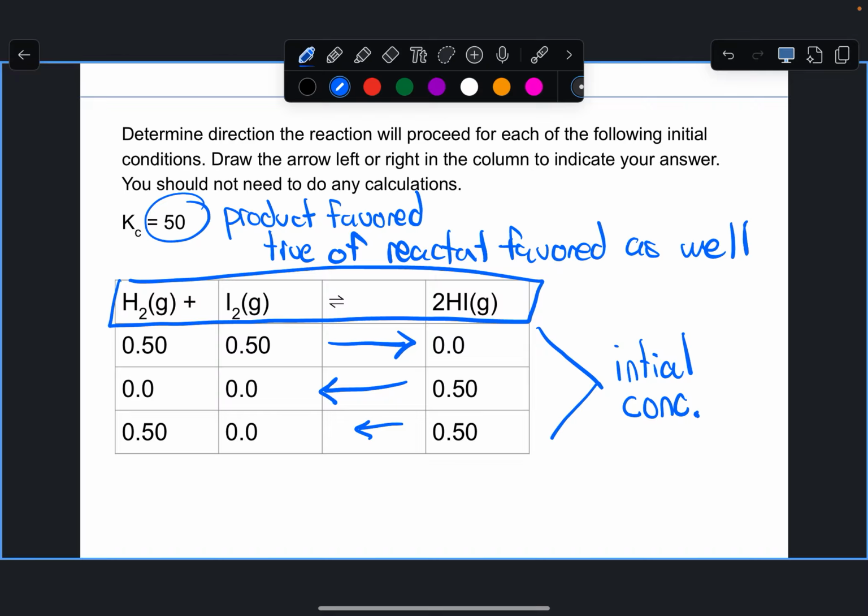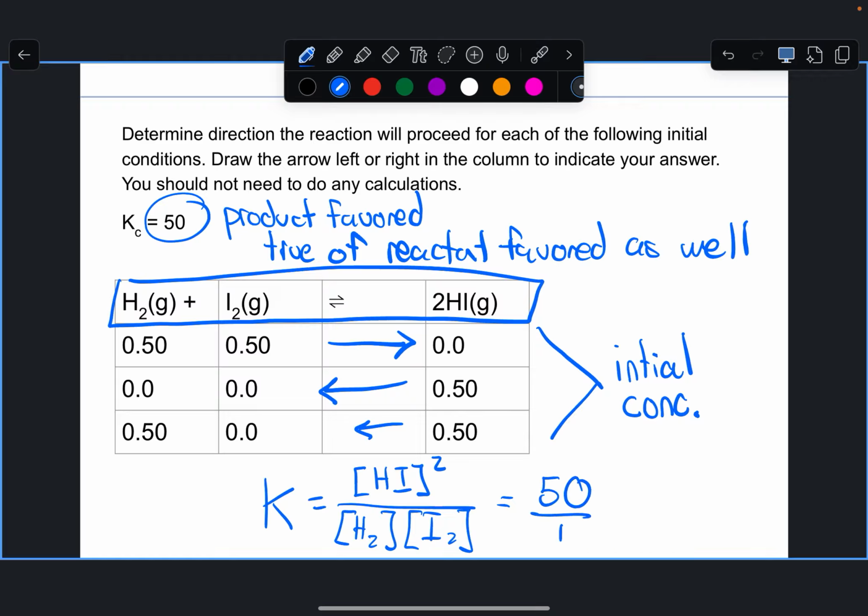And when you write the K expression, like in this example, K would be products, HI squared, over reactants. And that ratio should be 50. Or a way you can think of that is 50 to 1. So 50 products to every 1 reactants.